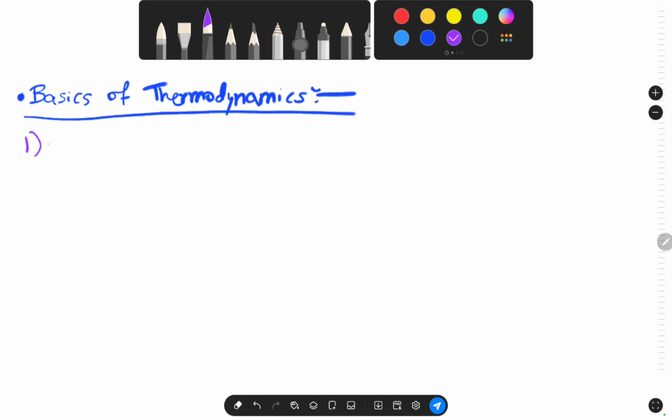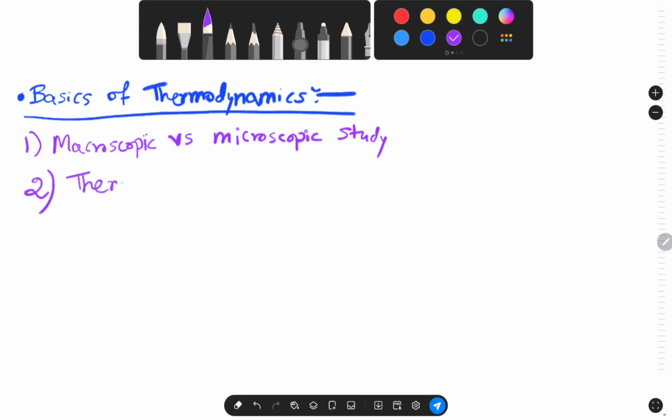First, macroscopic versus microscopic study. Second, thermodynamic systems and control volume.